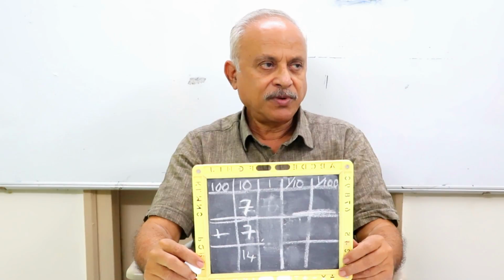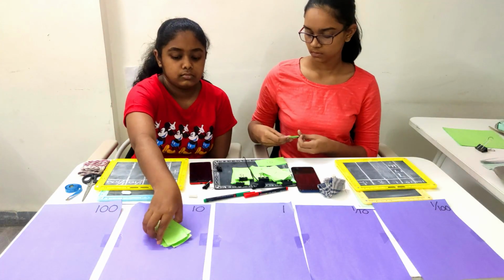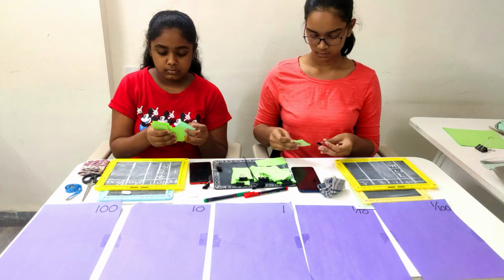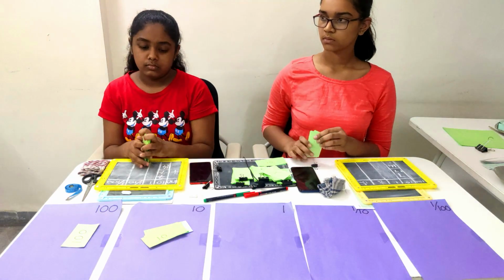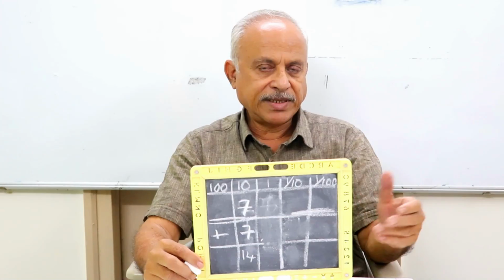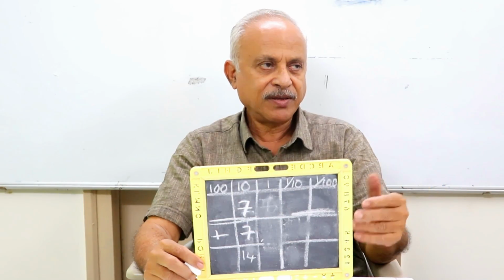Okay, that is the loose form. And what is the tight form? So you took 10 tens and you replaced it by 1 hundred and 4 tens. Okay.